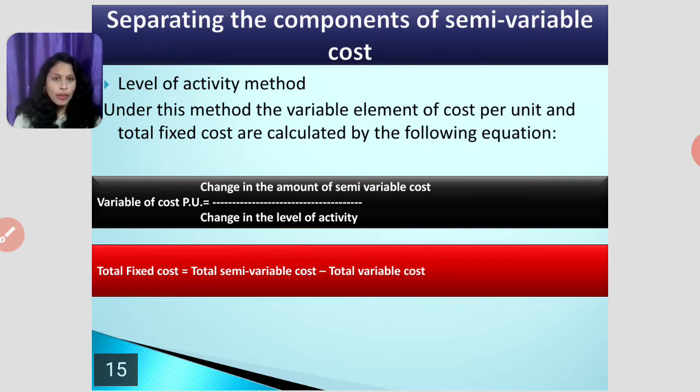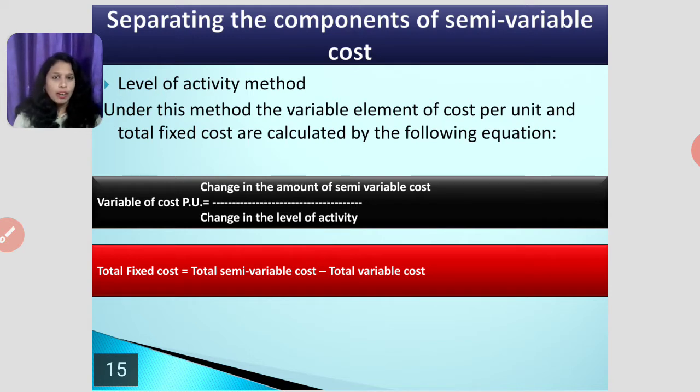So with this formula, we get the answer of variable cost per unit. Whenever we get the variable cost per unit, we can easily find out the variable cost of the particular product. And whenever we have the semi-variable cost, it is easy to find out the total fixed cost.